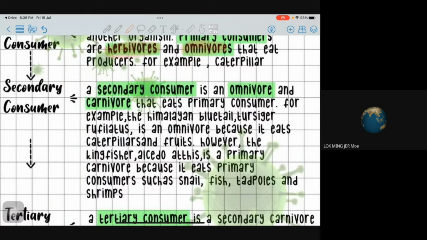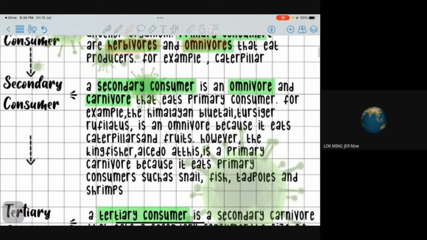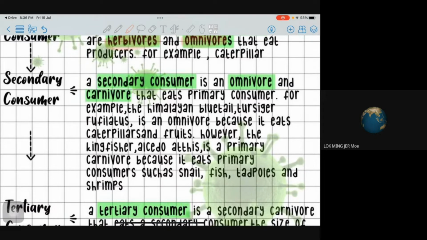Secondary consumer is the omnivore or carnivore. Omnivore, the one who eats what? Eats meat and plants, yes, eats both. And carnivore only eats meat. For example, the Himalayan blue-tailed tiger or whatever is an omnivore, because it eats caterpillar and fruits.